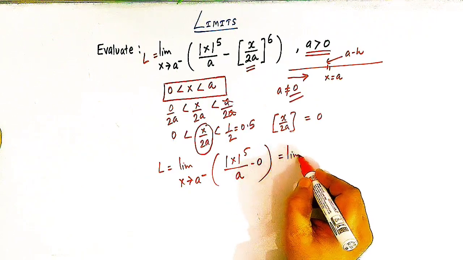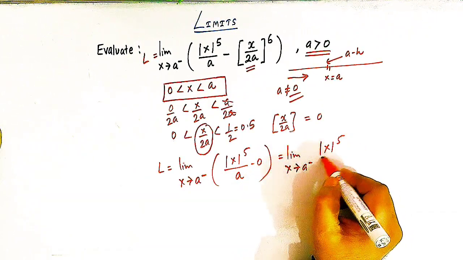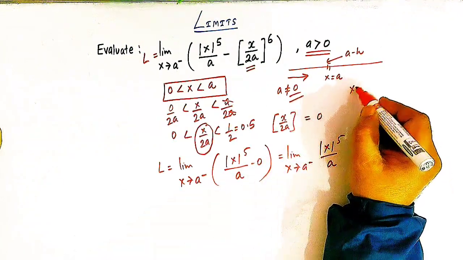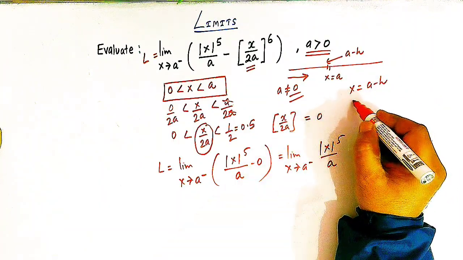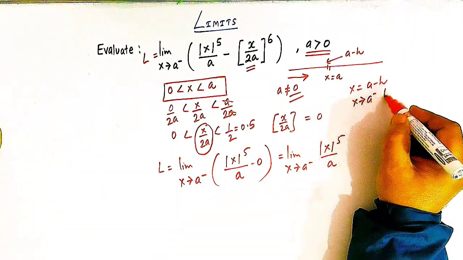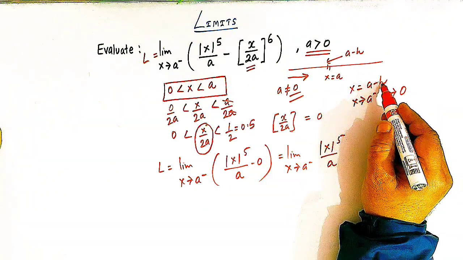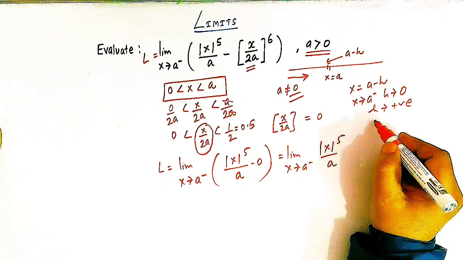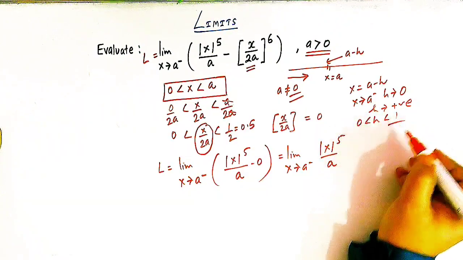So now we are left with limit x tends to a minus mod of x raised to 5 over a. Now we can take x is equal to a minus h. So when x tends to a, then h tends to 0. And here h is infinitesimally very small, and h is a positive quantity which is greater than 0 but less than 1.